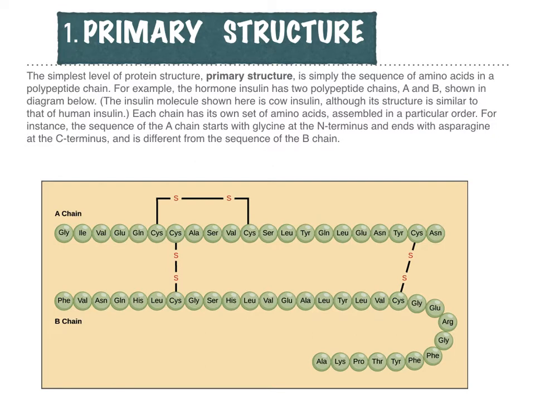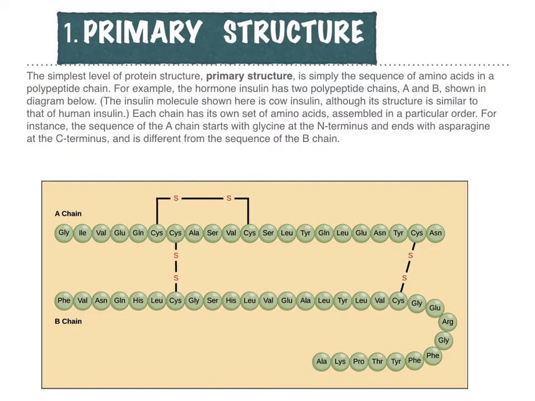The primary structure. The simplest level of protein structure, the primary structure, is simply the sequence of amino acids in a polypeptide chain. For example, the hormone insulin has two polypeptide chains, A and B. Shown in the diagram below, the insulin molecule shown here is cow insulin, although its structure is similar to that of human insulin.